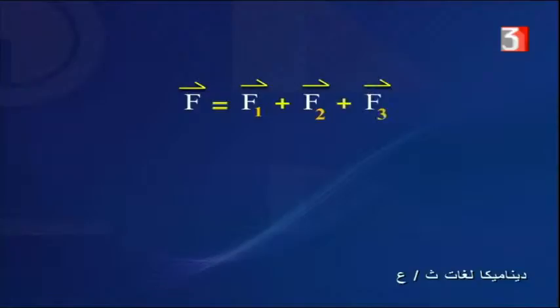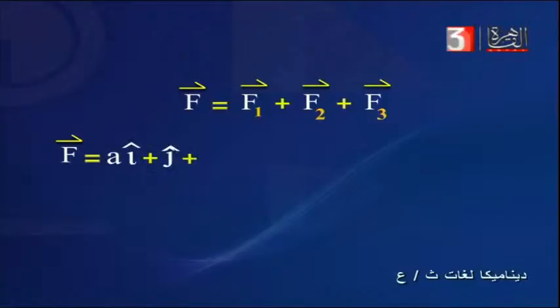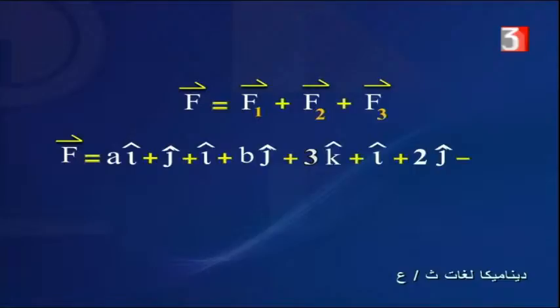Now we have three forces acting on a body. The mass of the body equals 1. Then the resultant of these forces equals F, and vector F equals vector F1 plus vector F2 plus vector F3. Then vector F equals A i vector plus j vector plus i vector plus B j vector plus 3k vector plus i vector plus 2j vector minus E k vector.